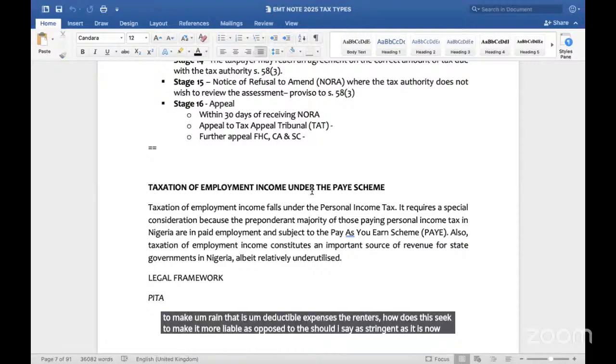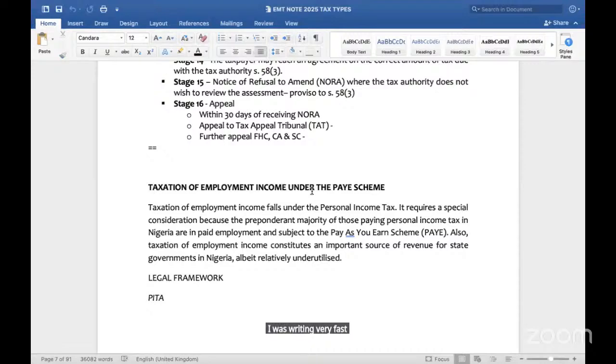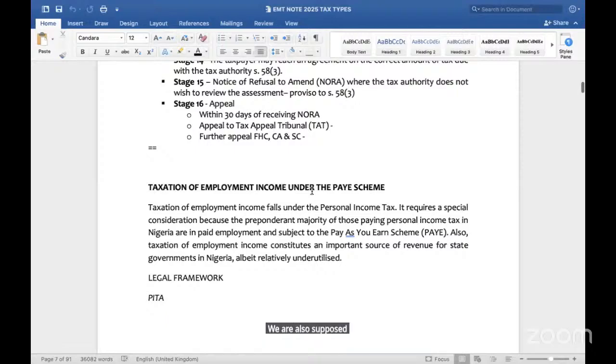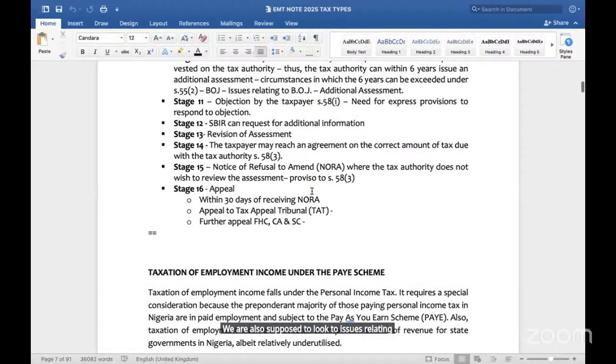I was writing very fast, but okay, we're also supposed to look at allowances that are allowed under PETA.